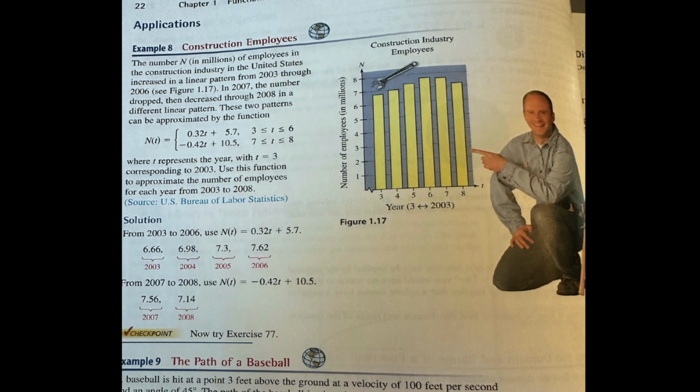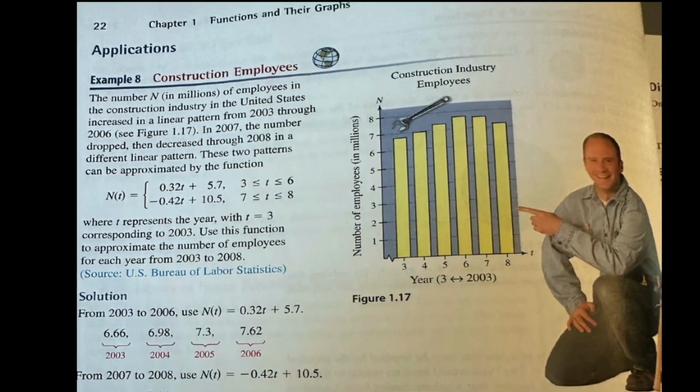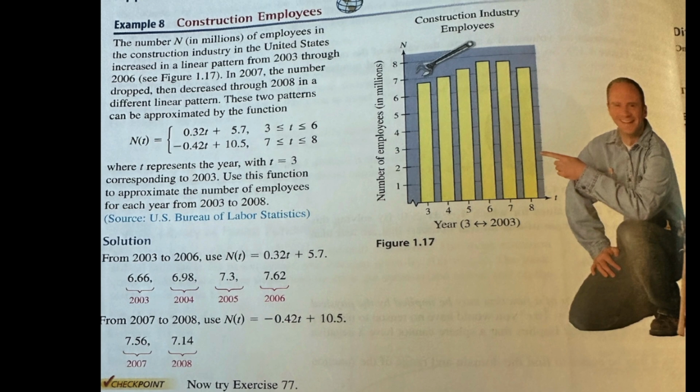So that's millions of employees in the construction industry. I just wanted to step you through that. That really wasn't an example to show anything other than how to read that bar graph and how to use which piece of the function. All right, next up is example number 9.